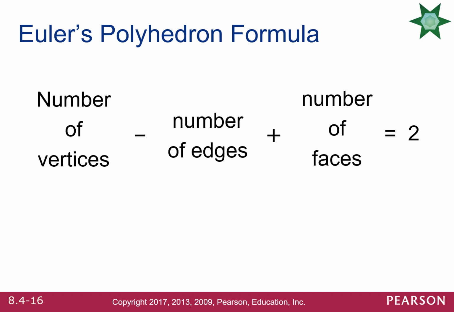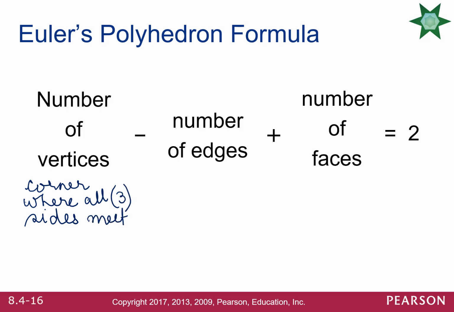All right, so let me write that down. The corner where all sides meet, or where three sides meet, so to speak. Let's put it that way, where all the sides meet. And when we say all, it means three sides meet.